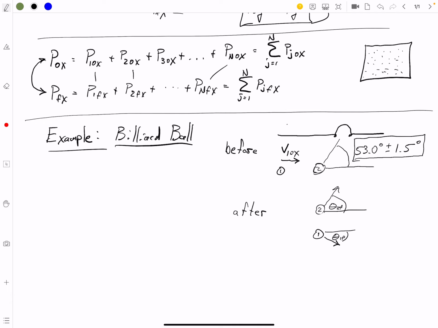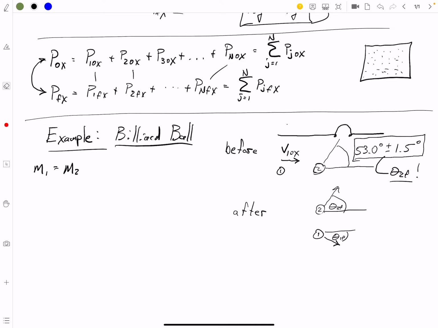We want to know if this equals theta 2 final. Okay, so that's what we're driving at. We need to know some stuff. The masses, mass 1 equals mass 2. They're billiard balls, so that's going to be actually quite helpful.